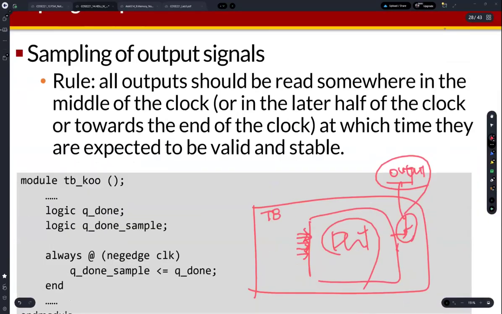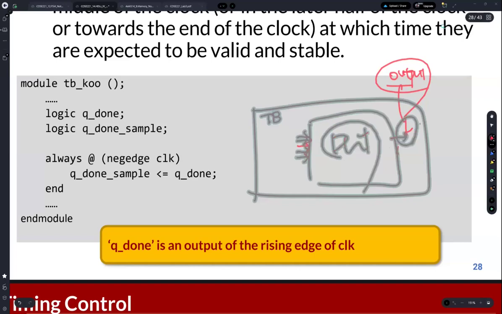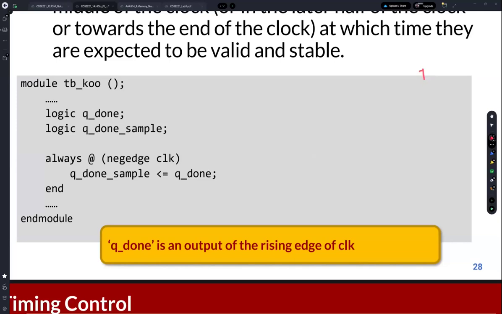If we just observe the output signals from a digital system, and let us assume that the output signal is the output of a D flip-flop, then we can observe the output signal like this. This is the out, and this is the clock, and the clock looks like this.